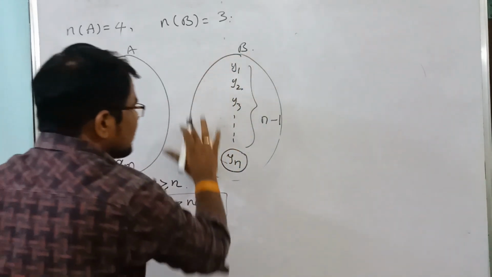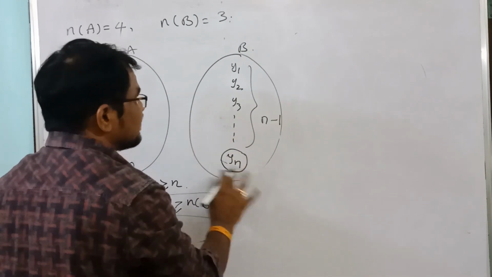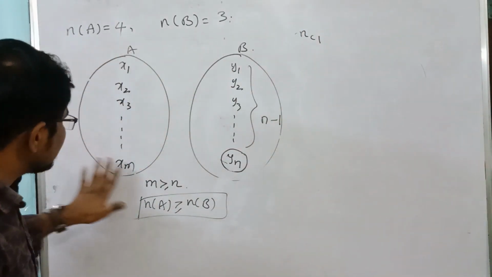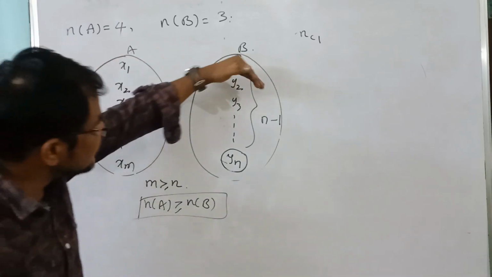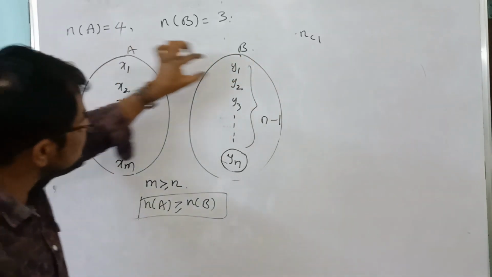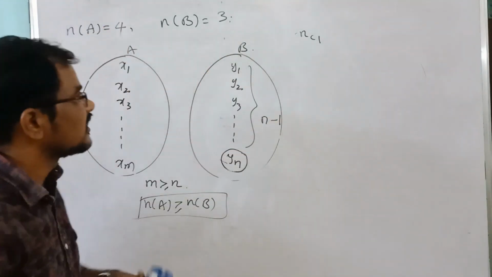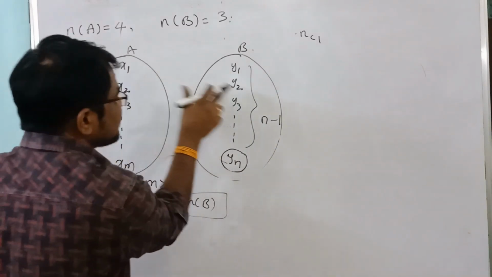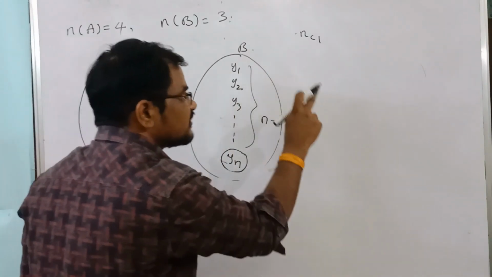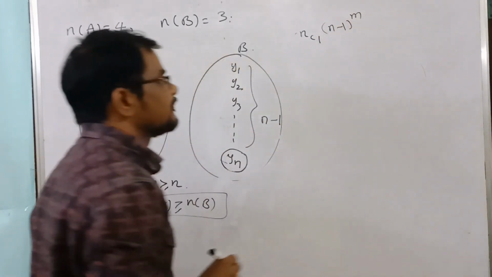Out of these N elements, first you select one element. So NC1. Then for the remaining elements in A, how to take the images from B? For this one also N minus 1 image chances. x2 also same as previous one, N minus 1. For this one N minus 1, for this one N minus 1. N minus 1 into N minus 1 into N minus 1, means N minus 1 whole to the power of M.